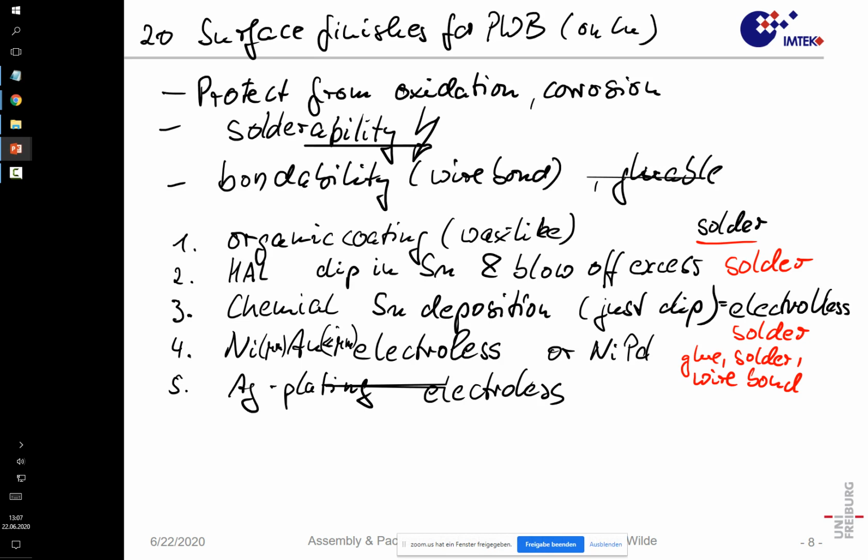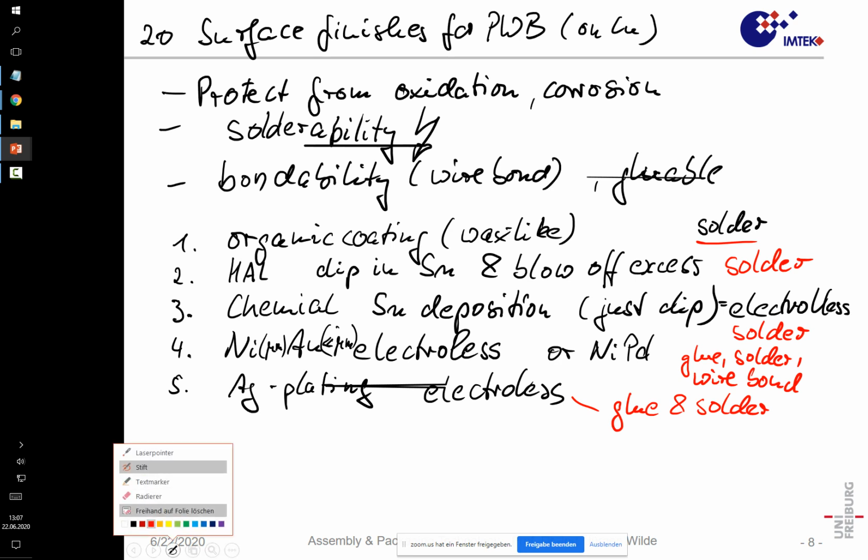And on the silver plating, we can glue and solder. We do not wire bond on silver because its properties with respect to corrosion resistance are quite poor, so we avoid this.